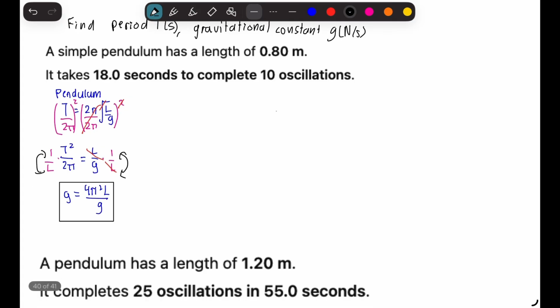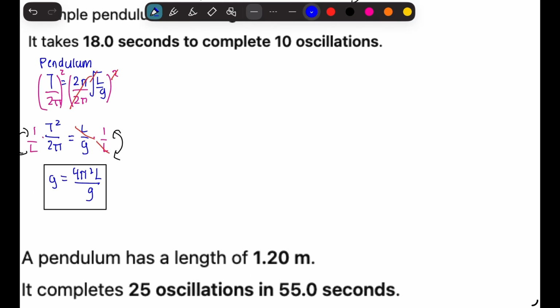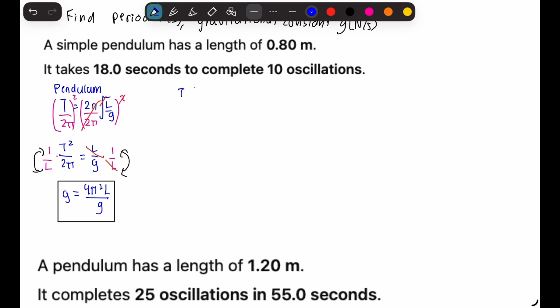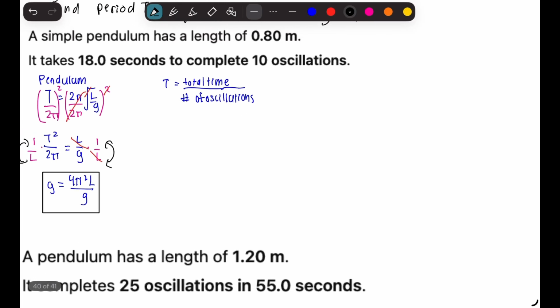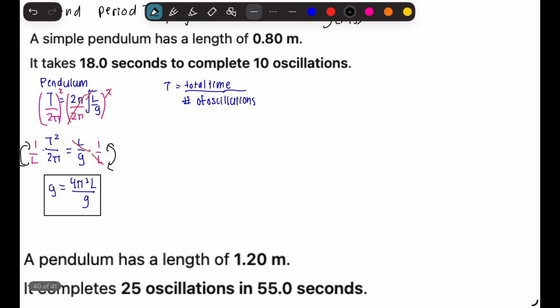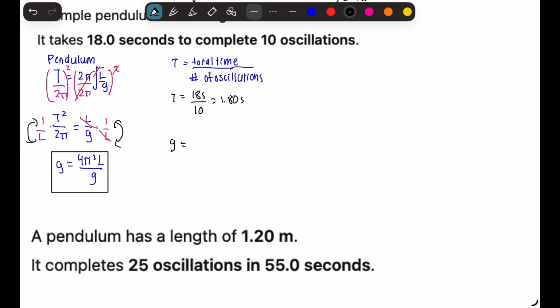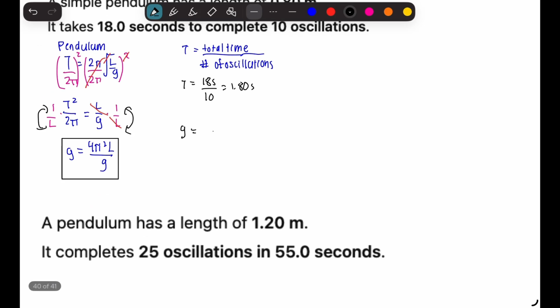To start with this, we're going to have to find T, your period, so that's going to be your total time over the number of oscillations. So we have 18 seconds per 10. After this, we'll solve for G using our formula over there.